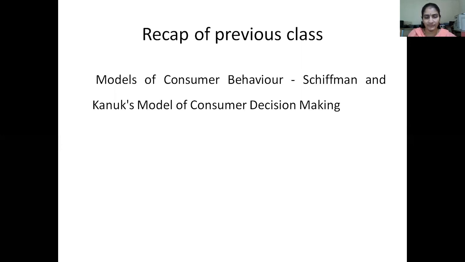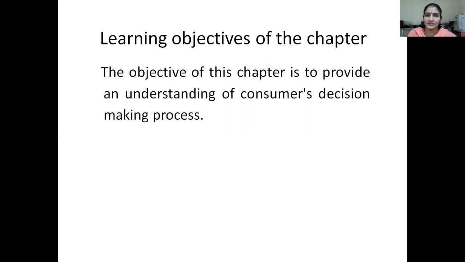This model is also known as the simple decision making model, where there are three important criteria: first input, then process, and finally the output. In these three criteria we saw in detail the different variables which are part of each. So now in today's session, we'll be discussing another concept.